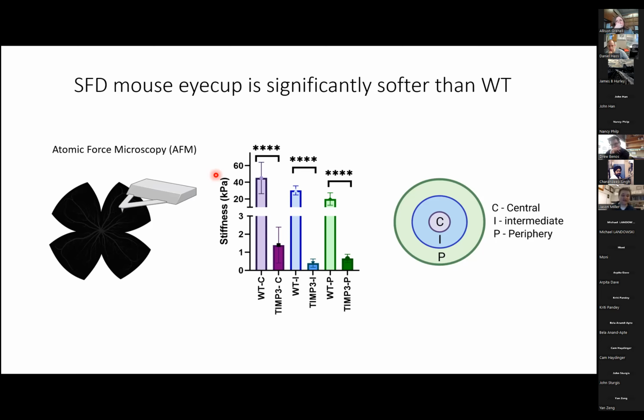Whereas in these mice, they don't have much of a phenotype, so you presume there's not that much toxic signaling. But you clearly show differences in stiffness, and from your previous work, compositional and structural differences. So maybe you would more isolate those effects of Sorsby's on the RPE than you would with AMD Bruch's eyes.